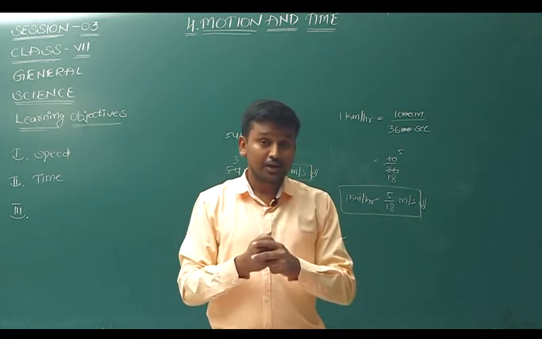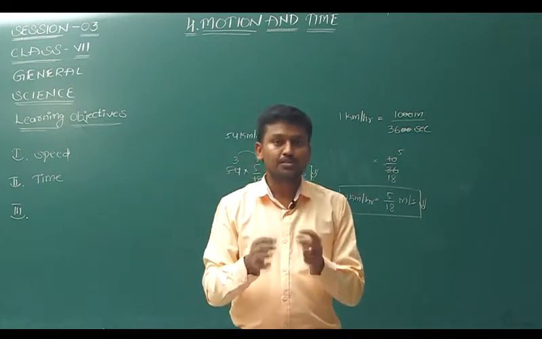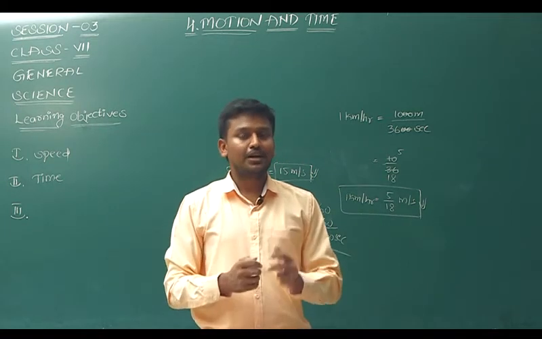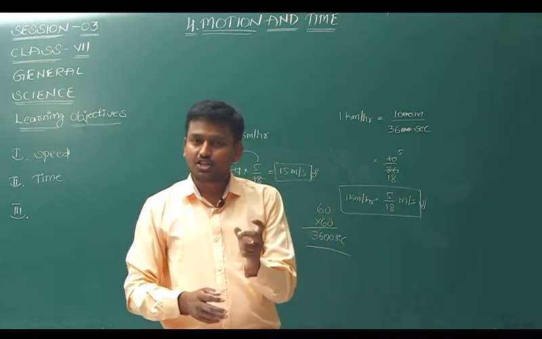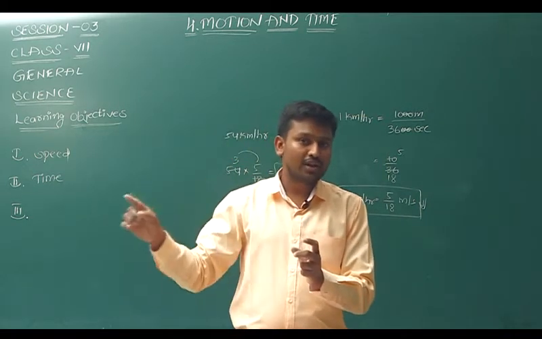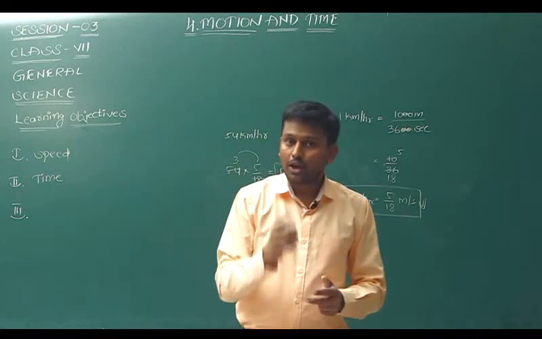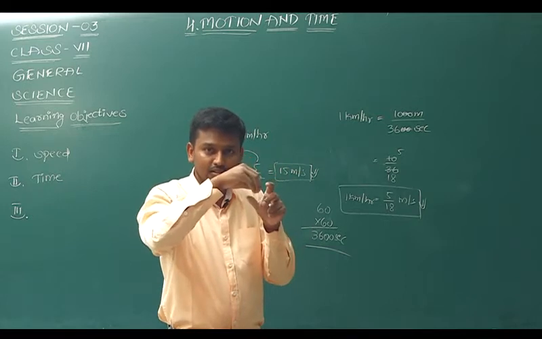Yes, speedometer, what is the use of the speedometer? We can find out the speed of the vehicle at an instant with the speedometer. If you look at the speedometer, it shows at what speed the vehicle is moving. Then what is the odometer use? You can see clearly the digits will be mentioned inside the speedometer.